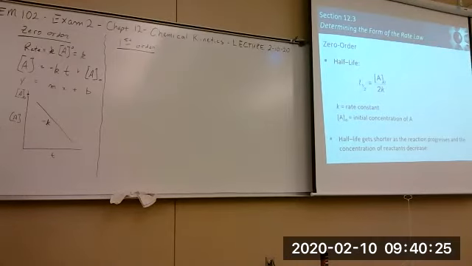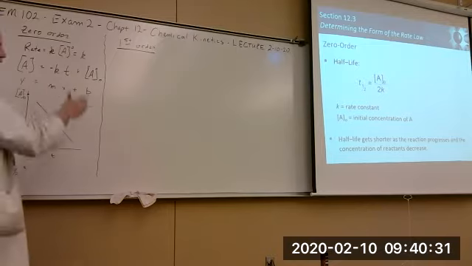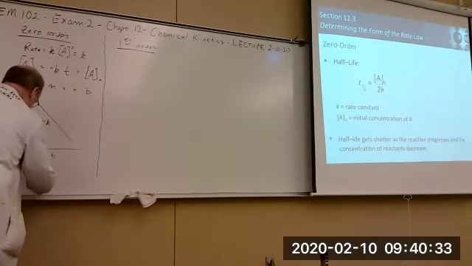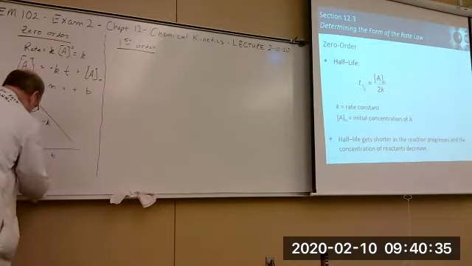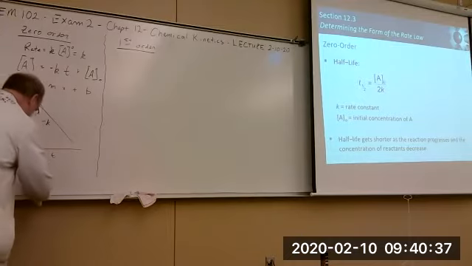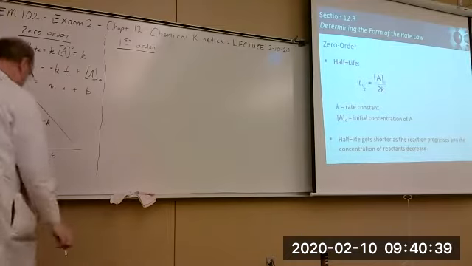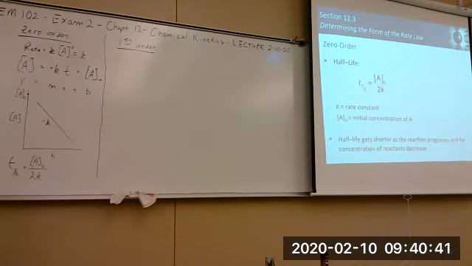The half-life of this reaction, T1/2, is equal to the initial concentration divided by 2K. So if you know what the initial concentration is, and you've determined your K value, then the half-life is that divided by 2K.